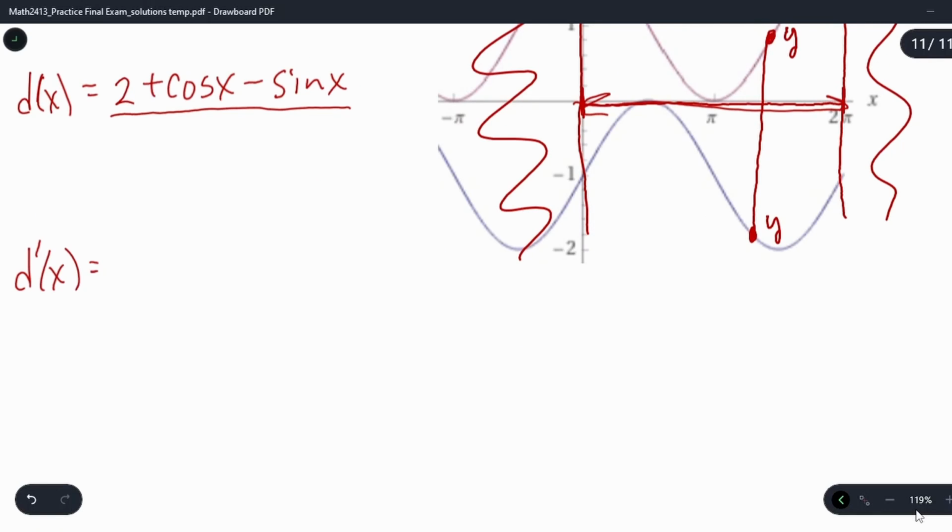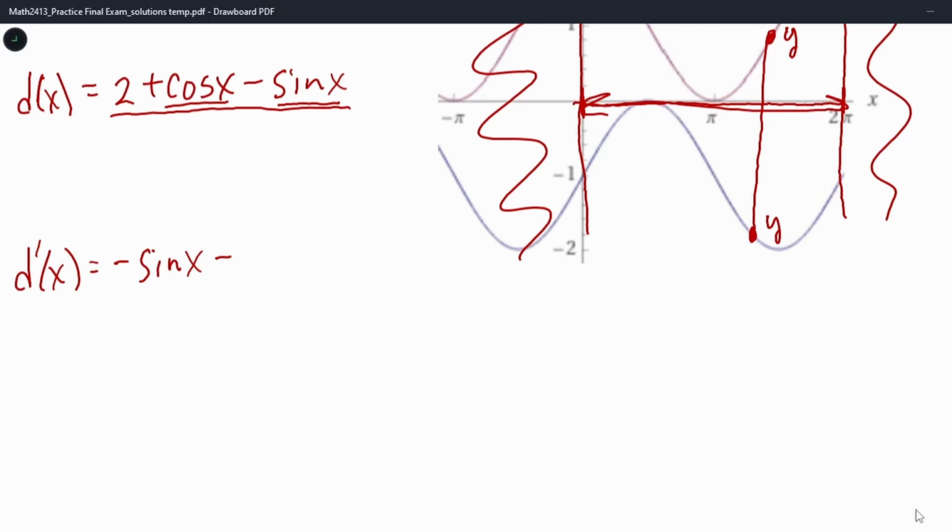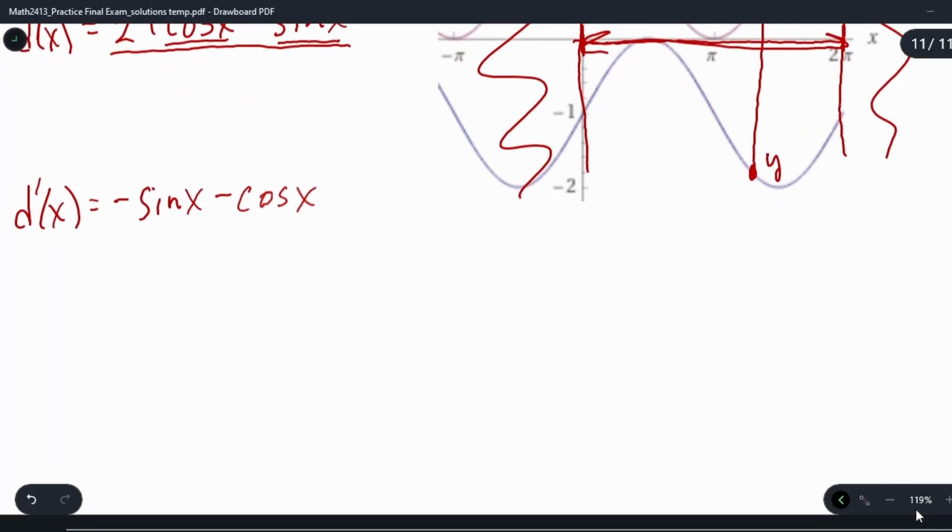The derivative of our distance equation. The derivative of a constant goes to 0. The derivative of cosine is negative sine x, and the derivative of sine is cosine. And since that already has a minus in front, it's just going to be minus cosine x. So there's our derivative, and then we need to set that equal to 0 and solve.